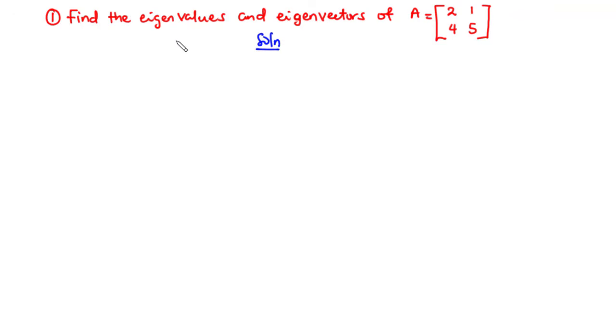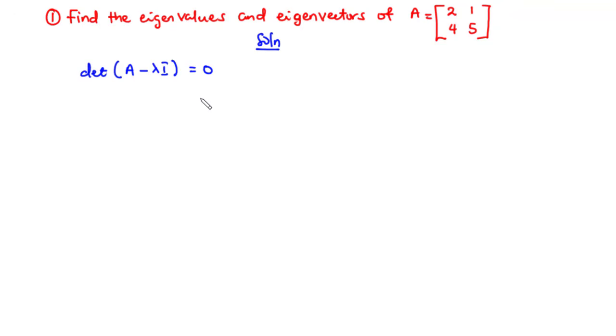First of all, we are going to find the eigenvalues. Now in the previous section, we said that the solution to the determinant of the matrix A minus lambda I equals 0 gives the eigenvalues. So this is the equation we are going to use.